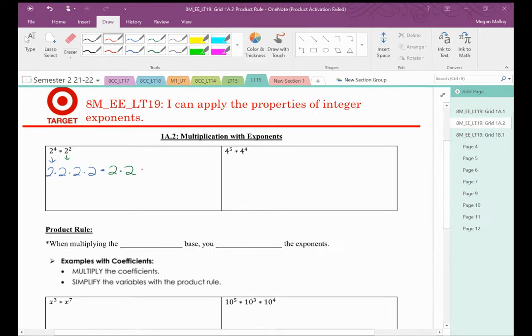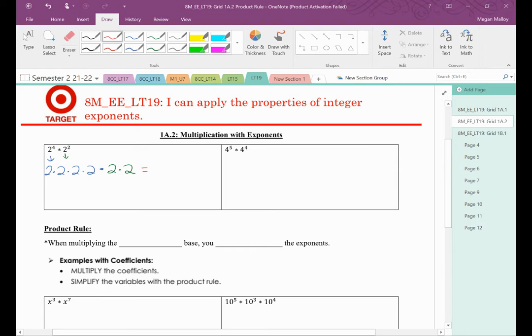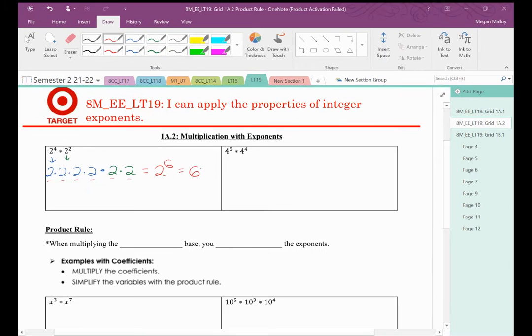So if I were to simplify this, I can see that I have a base of 2 multiplied by itself 1, 2, 3, 4, 5, 6 times. So 2 to the fourth times 2 to the second would be simplified to 2 to the sixth power, which if we were to simplify even further would be 64.